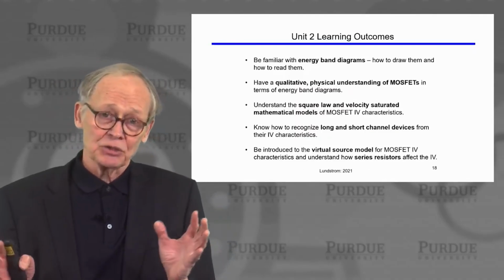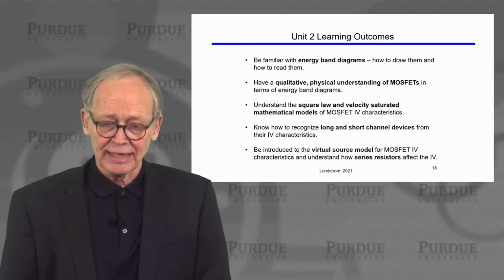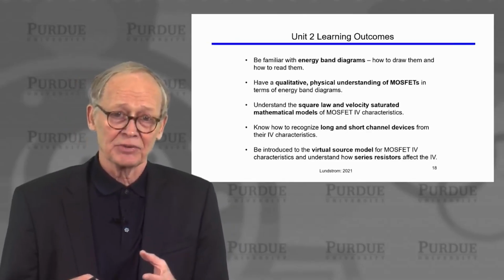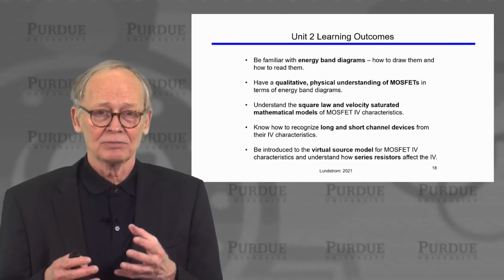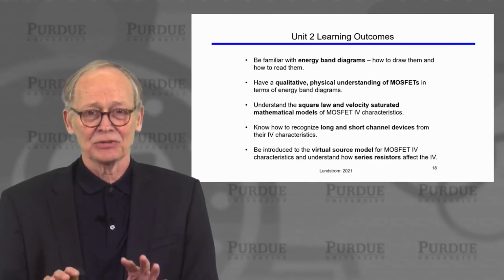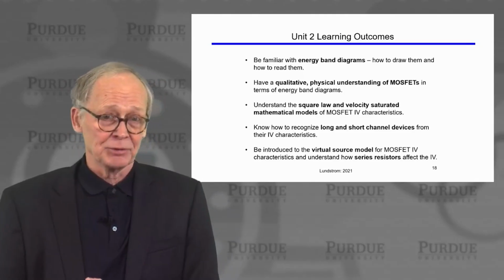Okay, so that's what Unit 2 was all about. We started with energy band diagrams, and we showed how energy band diagrams can help us understand how MOSFETs operate. That's, as I said, the most important takeaway from this course. But we want to dive a little bit deeper.